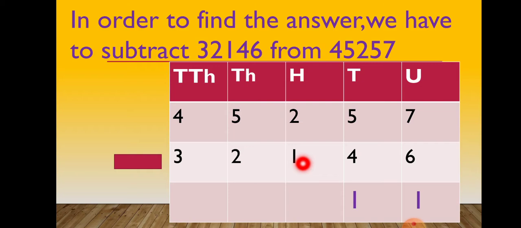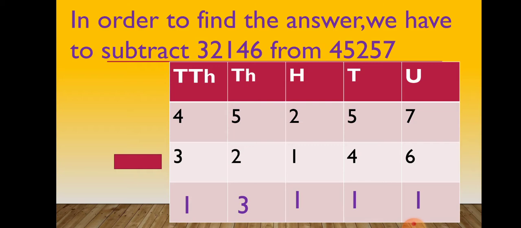Subtract 100 from 200. How many remain? 100. Now subtract 2,000 from 5,000. How many remain? 3,000. And subtract 30,000 from 40,000. How many remain? 10,000. And 10,000 and 3,000 is equal to 13,111.